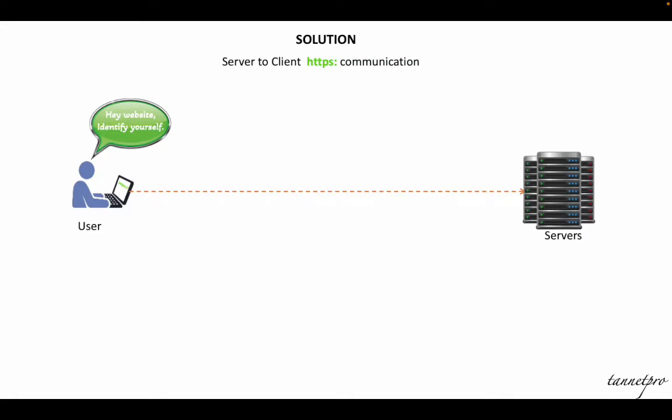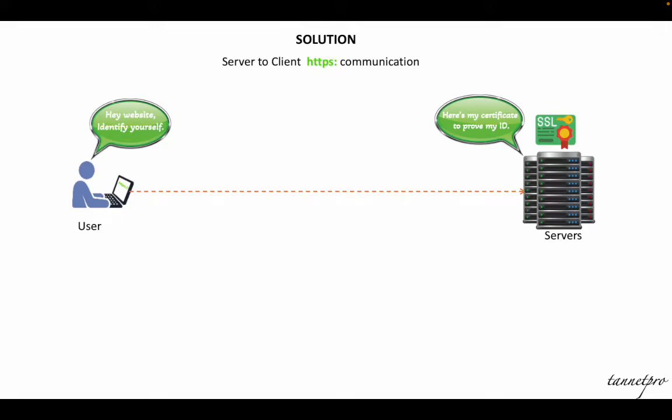So who are you? This request goes to that particular server. Then the server replies, here is my certificate to prove my ID. He tries to prove himself with his certificate, having an authorized certificate from the root CA.